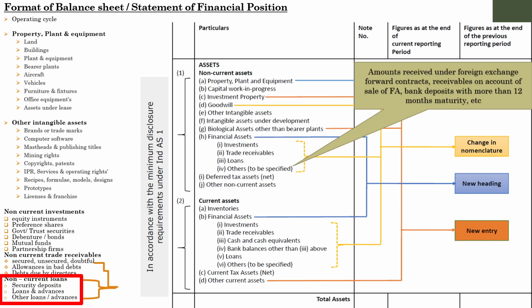Next one, deferred tax assets. In the bracket it is shown net. So what is deferred tax? This arises due to the difference between the taxable income and the reported income. When a company pays higher tax during a period than what is due, it will be reversed in the next accounting period by lowering the tax liability.